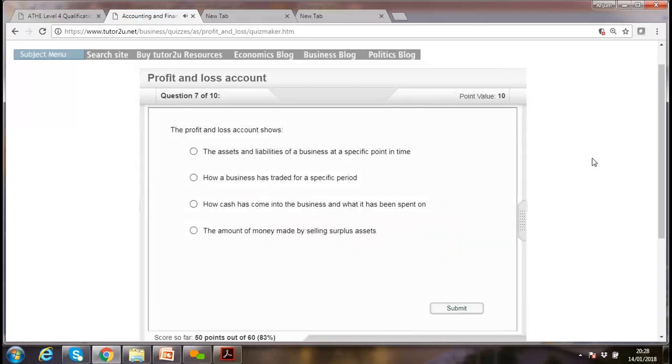The profit and loss account shows what? It doesn't show assets and liabilities. That's part of the balance sheet. It shows how the business has traded in a specific period. The cash the business receives, or the amount of money made by selling surplus assets. The profit or loss shows income and expenditures, and the profit, how much we gain, either profit or loss.